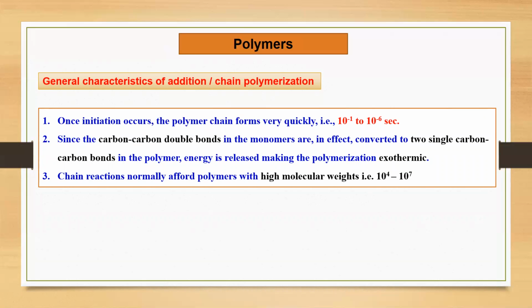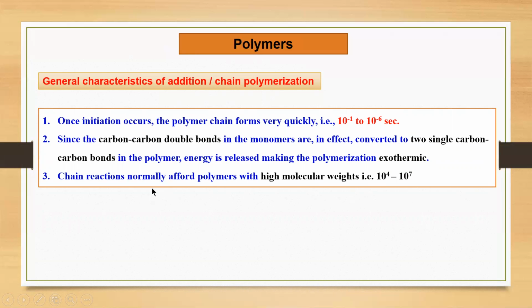During this polymerization process, the carbon-carbon double bonds in the monomers are being converted to two single carbon-carbon bonds, and so energy is released. On the whole, this polymerization process is exothermic in nature because a carbon-carbon double bond is being converted to two single carbon-carbon bonds.